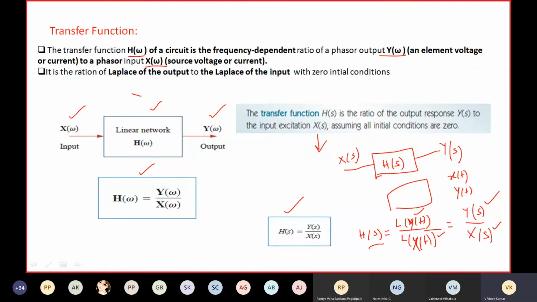Transfer function is the ratio of the Laplace of output to the Laplace of input with zero initial condition.